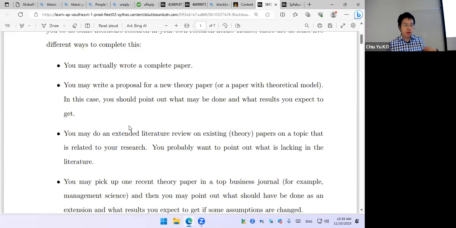Or you want to write a literature review on the theory, say, if you're in finance, you do some recent finance paper review or some topic, okay? Because I want the project to be useful to you, so you just work on the thing that's useful for you, okay?